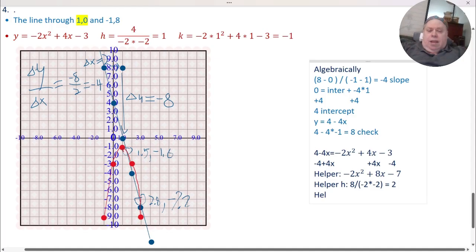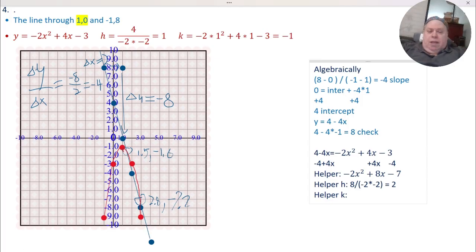And helper k, which plugs 2 into this quadratic. So I'll get minus 2 times 2 squared plus 8 times 2 minus 7. And that equals 1.